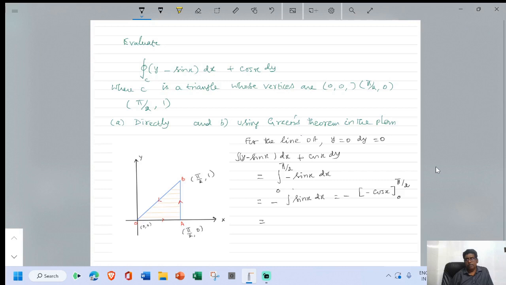Minus into minus gives plus cos x, limit from 0 to π/2. Cos π/2 is 0, minus cos 0 which is 1. So the integral value is minus 1. For the line OA, the value of the integral is minus 1.